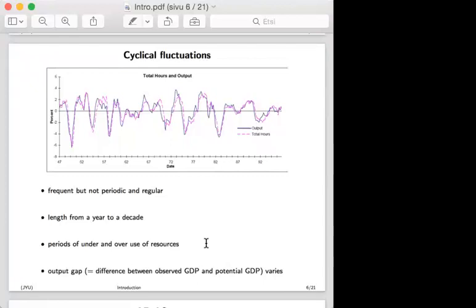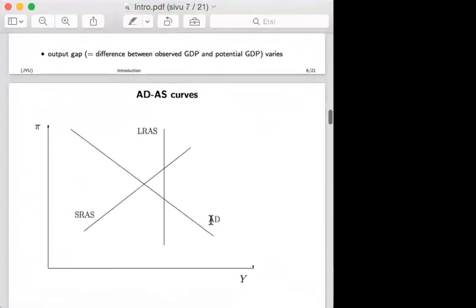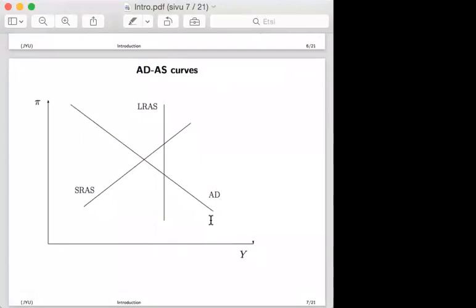Given the welfare cost of cyclical fluctuations, it would be useful to know better what causes them and what can be done about them in terms of economic policies. We could analyze things with AD-AS curves to get an intuition.